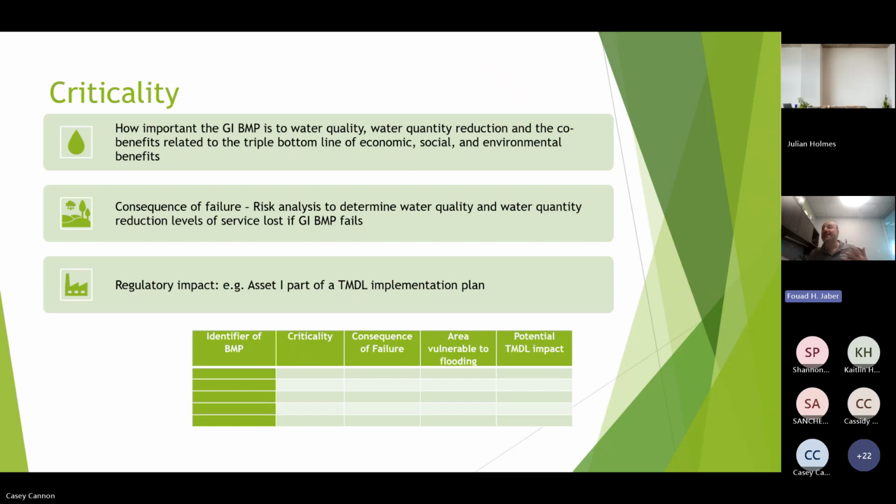So if you have funding for these assets in response to a TMDL or a watershed protection plan, then the failure of this system has higher consequences because your funder might be concerned as a result and question this. A lot of these contracts require at least 5, sometimes 10-year maintenance after they're built. So that will give you a higher potential.